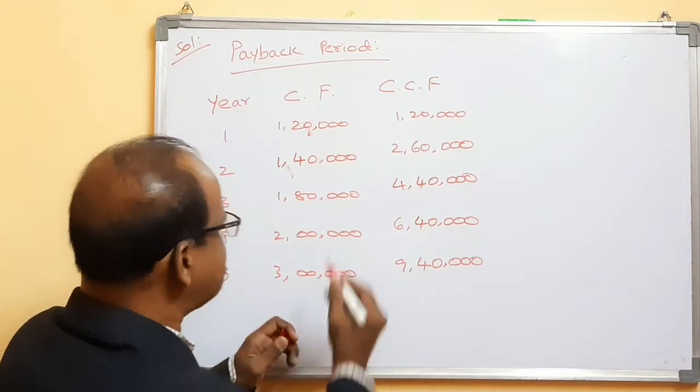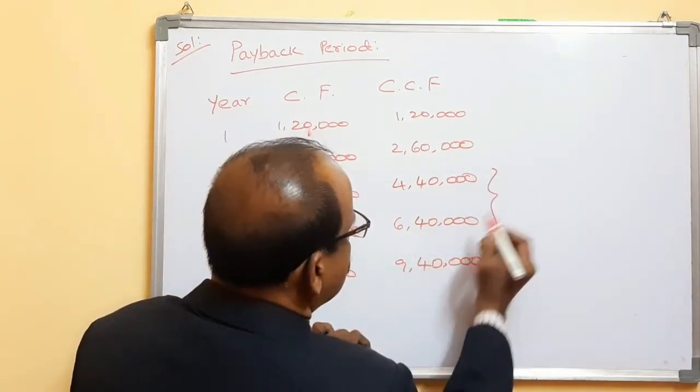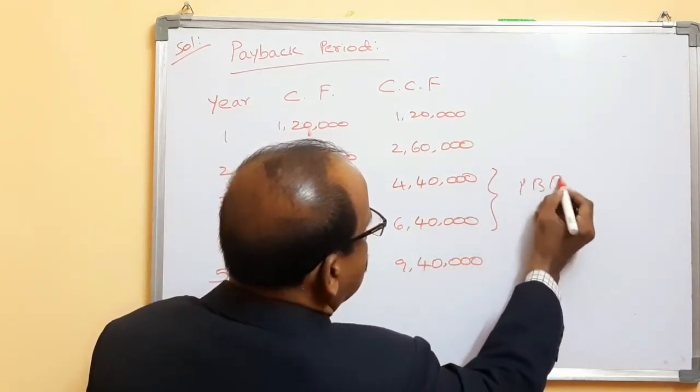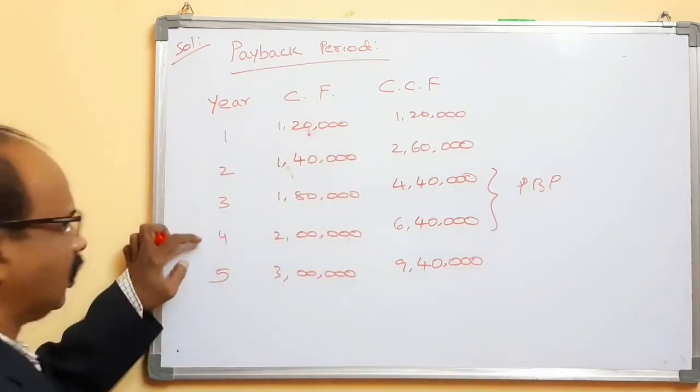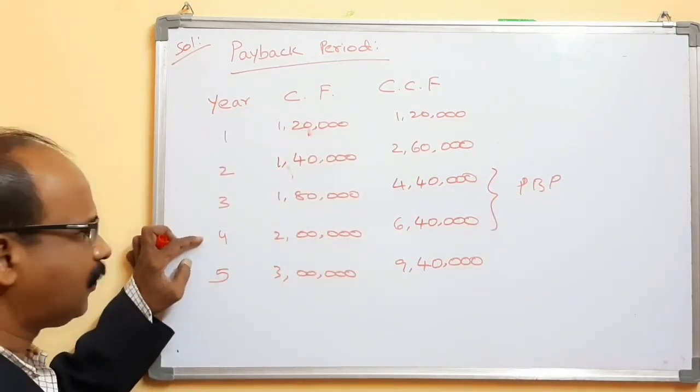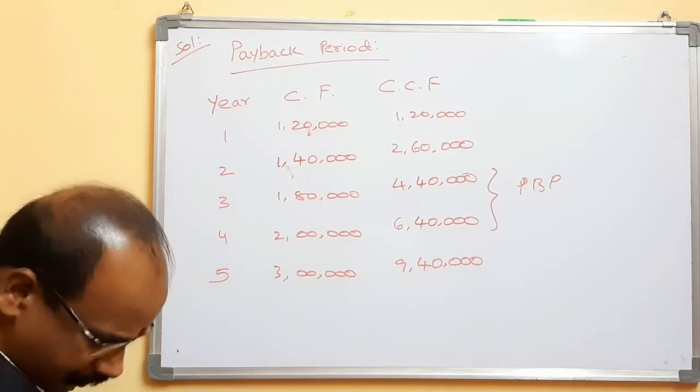The 5 lakhs is situated between third and fourth year. But we want the exact payback period. How to calculate?